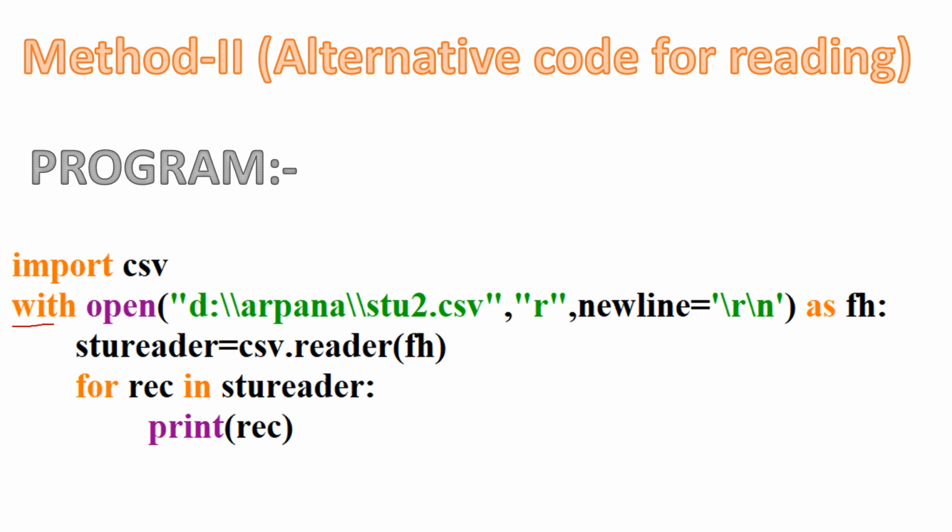So with open, specify the path where the file is stored, specify the mode, that is R for reading, then specify the newline argument, newline is equal to \r\n, as fh, which is the file handle, and then the rest of the statements are the same. stureader is equal to csv.reader, invoke the reader function to read all the details in the variable stureader, and using a for loop you can access all the records one by one and print them.